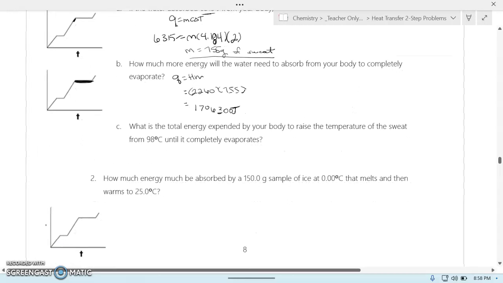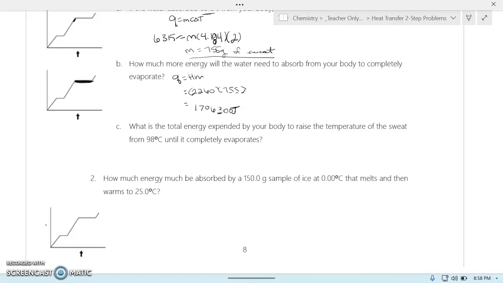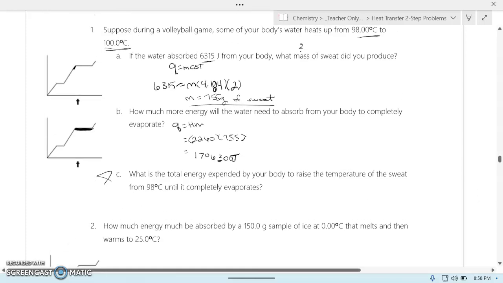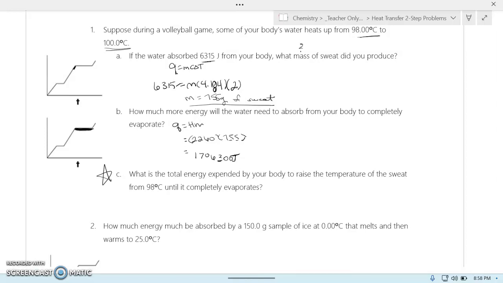And the last one asks, what is the total energy expended by your body to raise the temperature of the sweat from 98 until it completely evaporates? So this question is a combination of A and B, worded differently. We're raising the temperature from 98, when it's still water, until it completely evaporates all the way through to this point before it's all in the gas phase heating up.